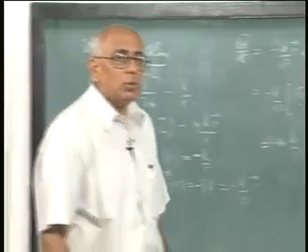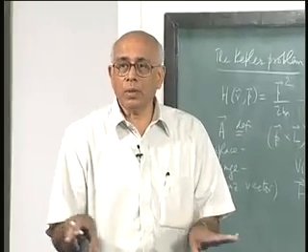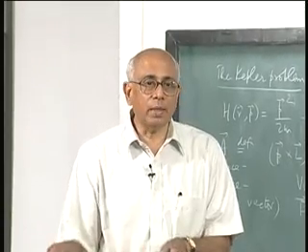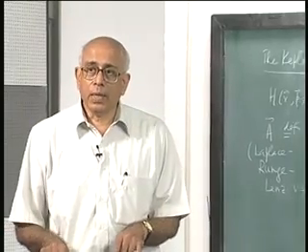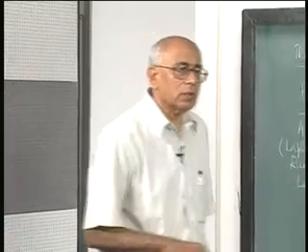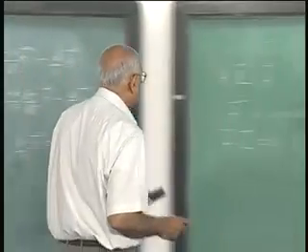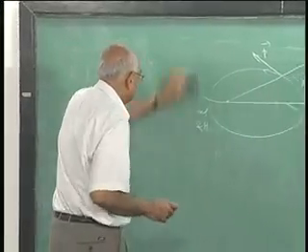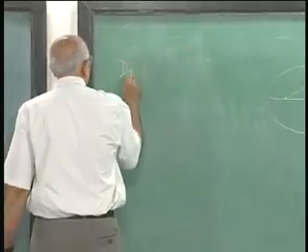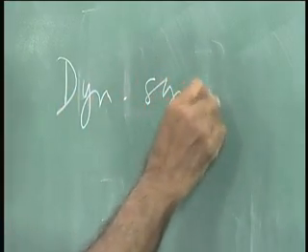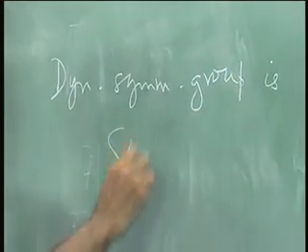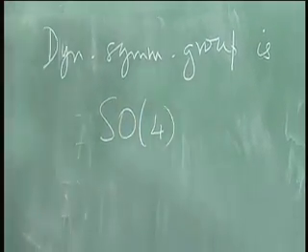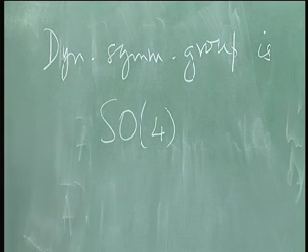You can convert it to 2 angular momentum algebras, but not in A and L directly, but in A plus L and A minus L, and that algebra is isomorphic to the algebra of rotations in 4 dimensions. So the dynamical symmetry group of this Hamiltonian is SO(4).